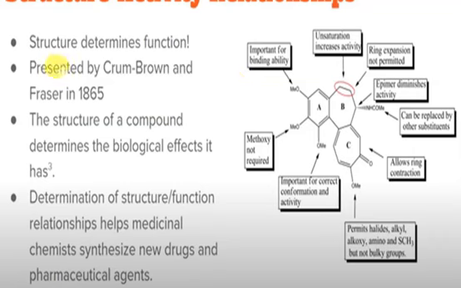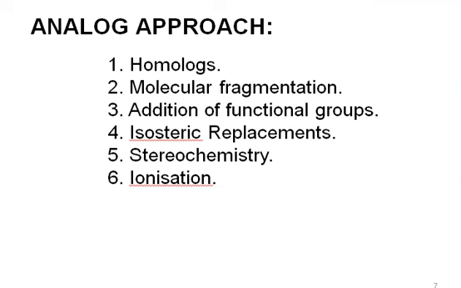So coming towards the structure activity relationship, when we do the structure activity relationship, we follow an analog approach, right? Analog approach means that we carry out the following changes in a molecule but in a sequential way, one by one, to see the change in activity.